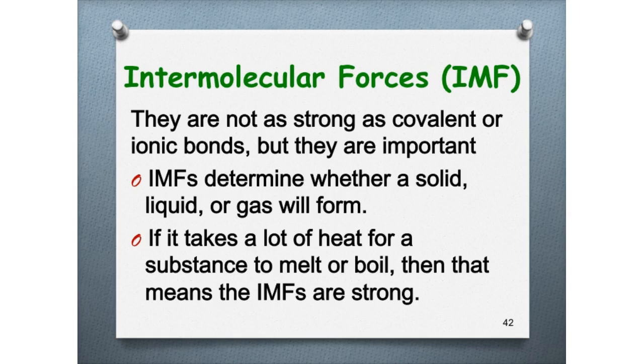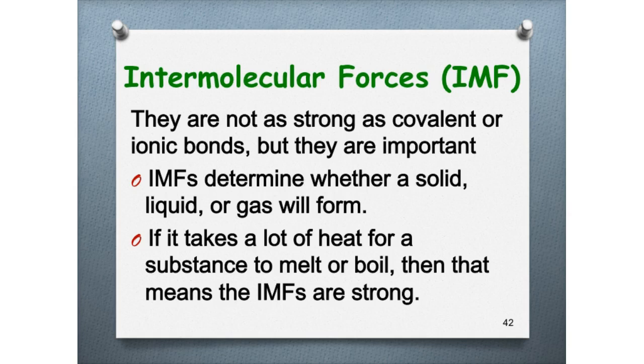So if a substance has very strong intermolecular forces, then you're going to tend to see a solid. And if a substance has very weak intermolecular forces, for example, our gases, such as methane and hydrogen and octane and all these different gases that we see around us, they are in the gas state at room temperature because they have weak intermolecular forces.